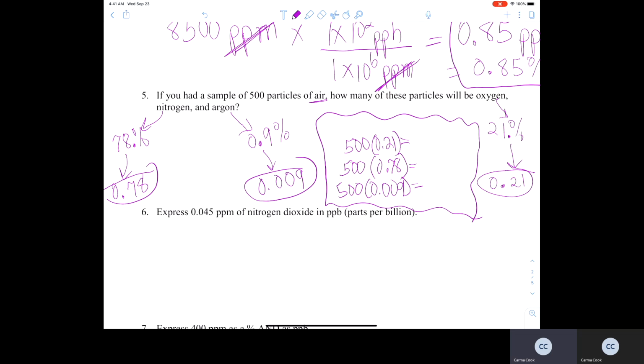So that means 500 times 0.21, we've got 105 particles of oxygen. Five hundred times 0.78. So that'd be 390 particles of nitrogen.